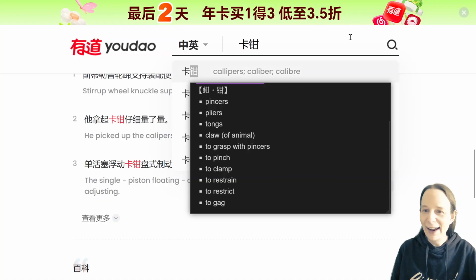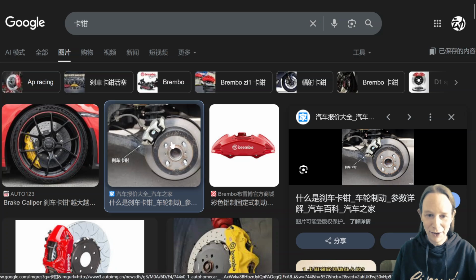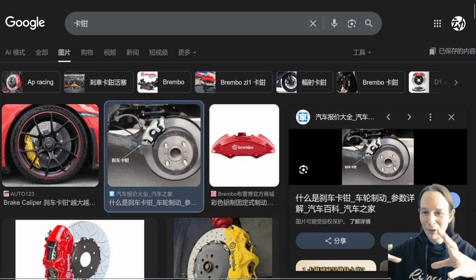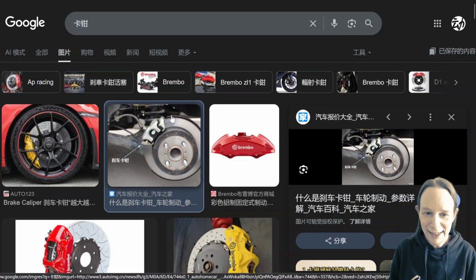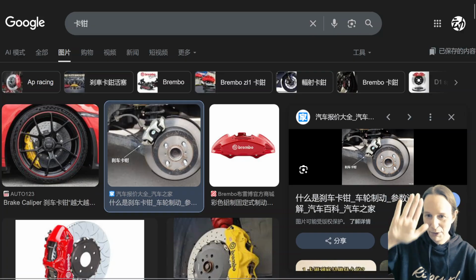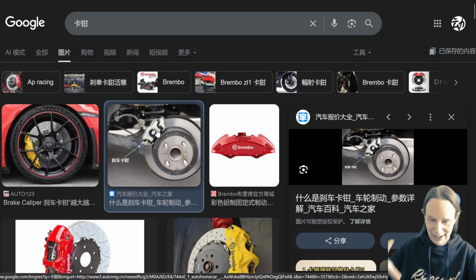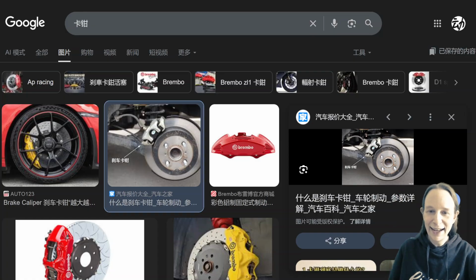钱, sorry. 卡钱. So this is 卡钱. I'm not sure if you know how brakes function. I'm not an expert myself. But this is a disc brake system. And when you want to slow down, you put your foot on the brake and these will grasp the disc and slow down the car.